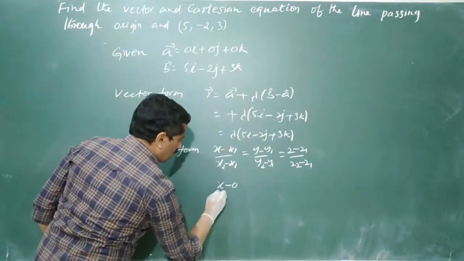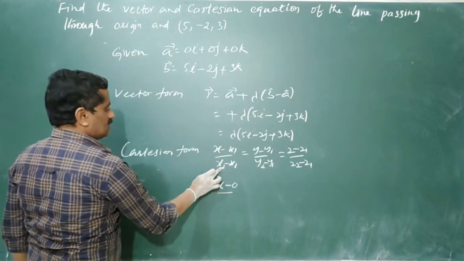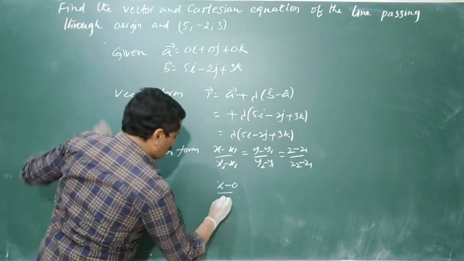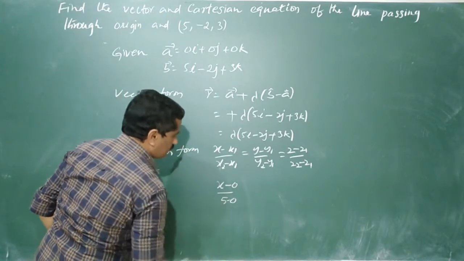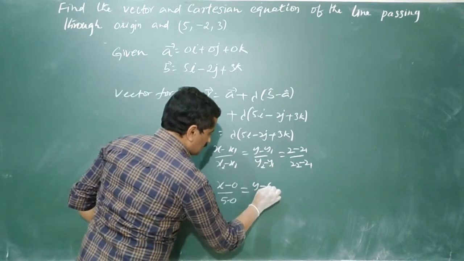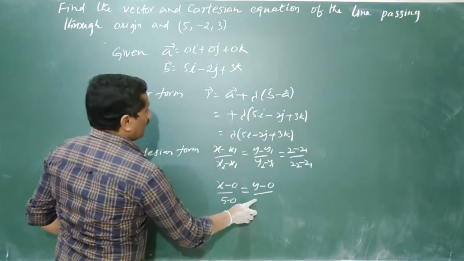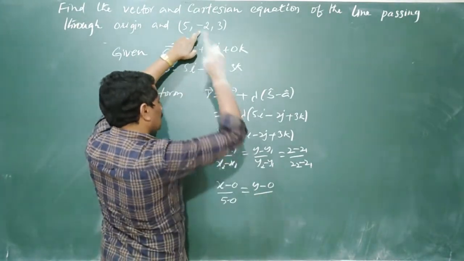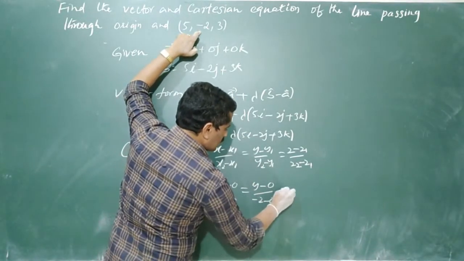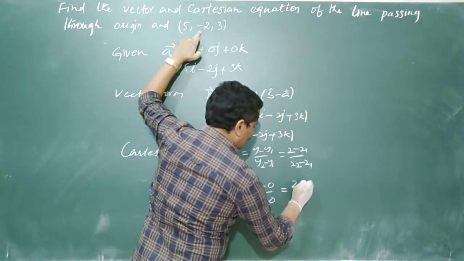So 0 by x2 minus x1, that is 5 minus 0, is equal to y minus y1. What is y1? 0 by y2 minus y1, that is minus 2 minus 0, is equal to z minus z1.